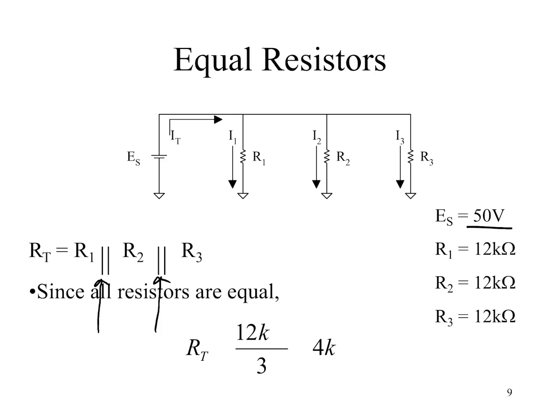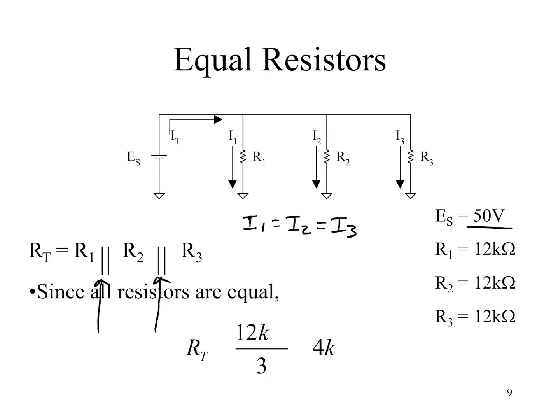Ohm's law says that 50 volts divided by 12K for each branch means that I1 will equal I2 will equal I3. That doesn't sound like a property of a parallel circuit, because that looks like a property of a series circuit where current is the same for all loads. But in this case, it just happens to be the same because the resistance is all the same. So with voltage all the same and resistance all the same, the currents are going to be all the same.